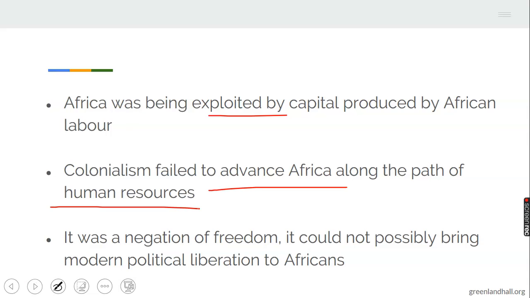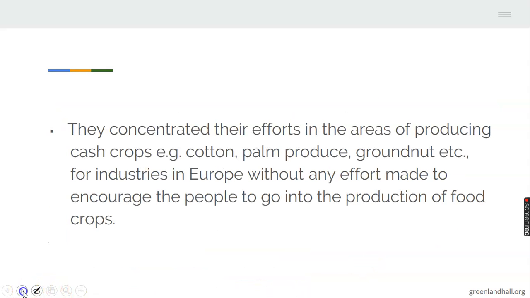Another one, it was a negation, that is the opposite of freedom. It could not possibly bring modern political liberation to Africans. They concentrated their efforts in the areas of producing cash crops like cotton, palm produce, groundnut, etc. for industries in Europe without any effort made to encourage the people to go into the production of food crops.